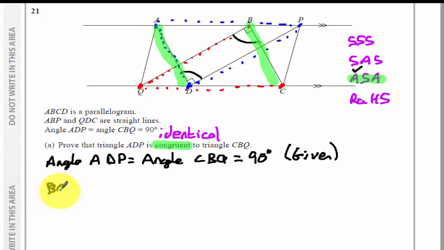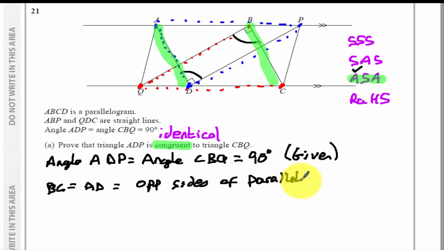So BC equals AD, because opposite sides of parallelograms are equal. I should have said at the start, sorry, after this first statement, you have 1 mark. So now I've got an angle followed by a side.